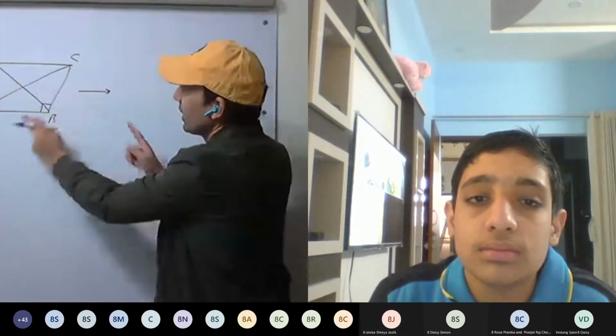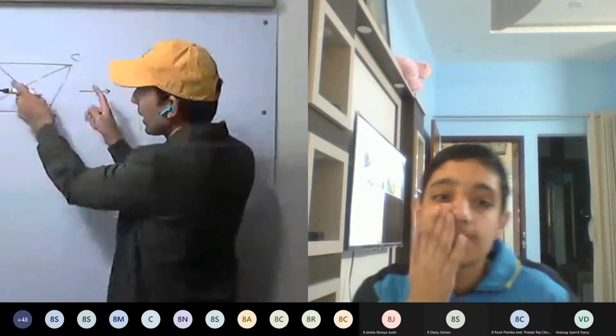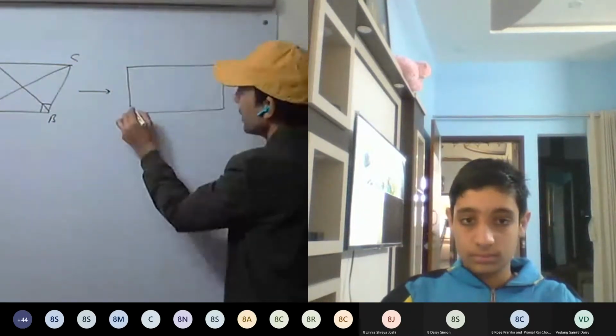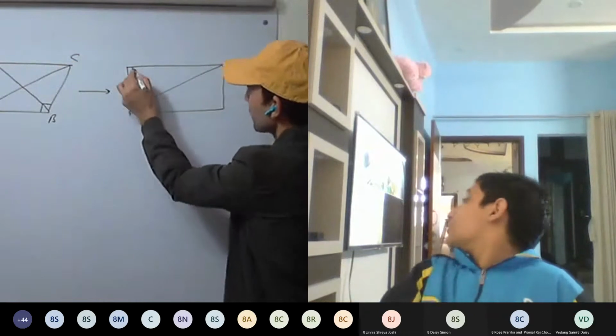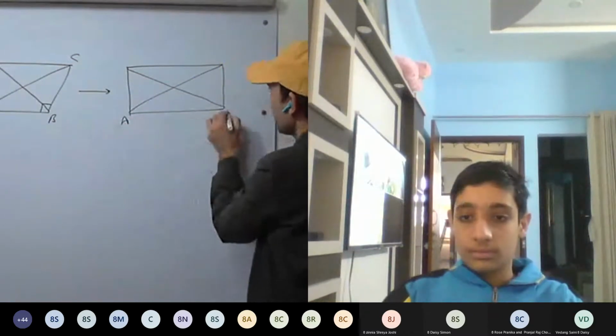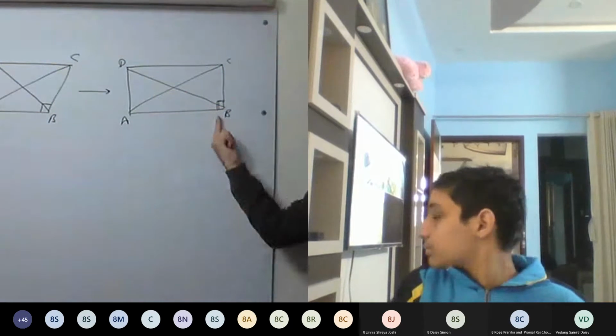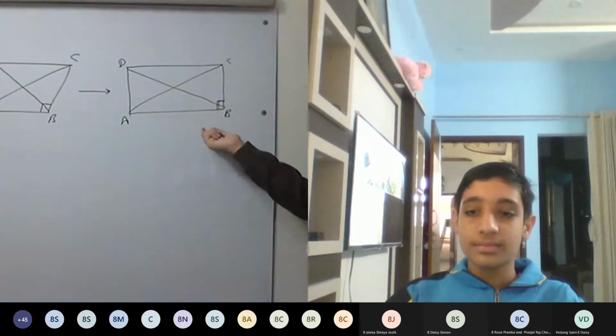You can see here AC is bigger than BD. If these diagonals become equal, then the figure will be like this. A, B, C, D. Diagonals are equal, the angles will be 90 degrees. So it will become a rectangle.